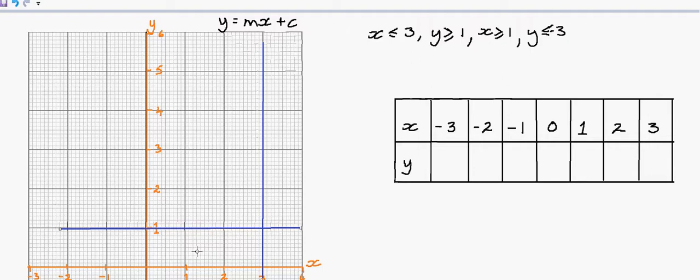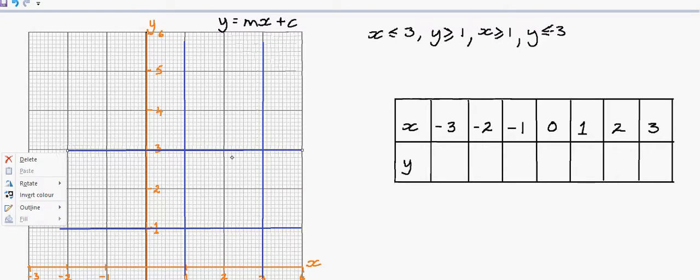So anywhere on this line x equals 1. Okay, and then y equals 3. So we go to where y equals 3 and anywhere on this line y equals 3.